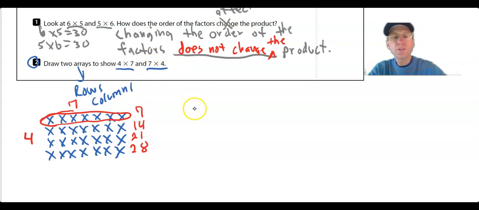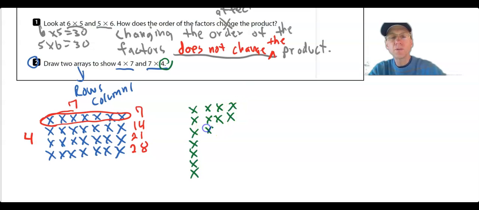Okay, now let's look at the other one. 7 rows. So this time it's 1, 2, 3, 4, 5, 6, 7 rows, 4 columns.